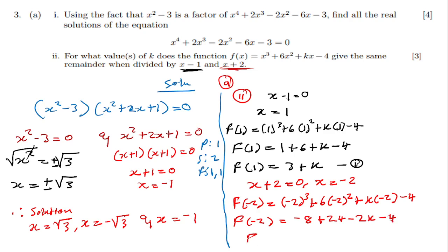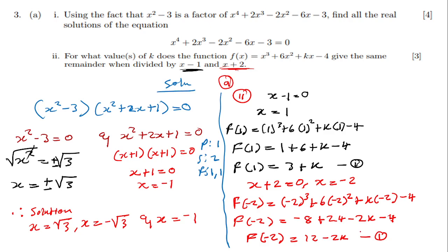So f of negative 2 is simply equal to negative 8 plus negative 4, the answer is negative 12. So 24 minus 12 is 12, so 12 minus 2k. And this is your equation 2.